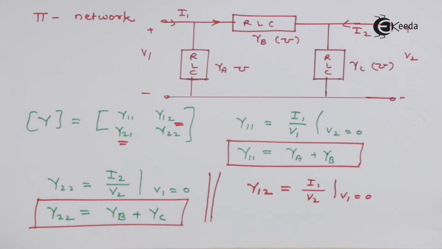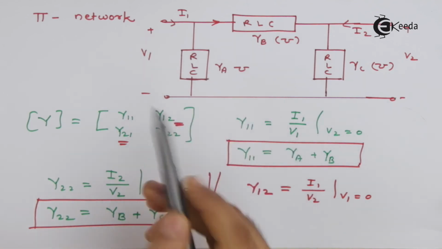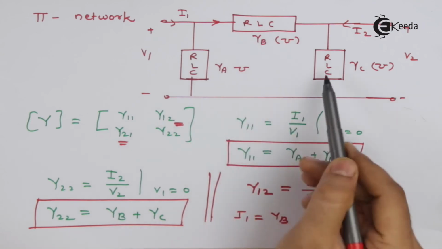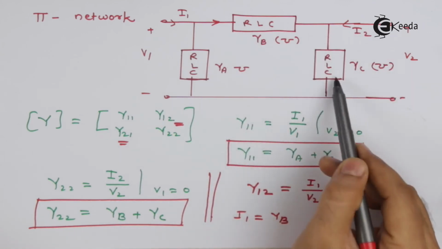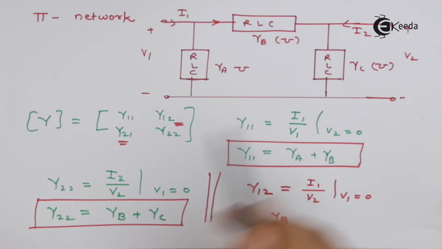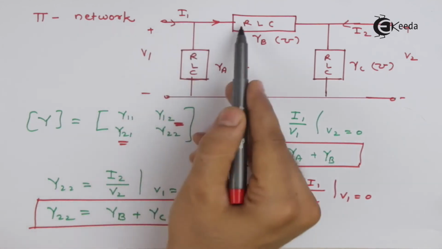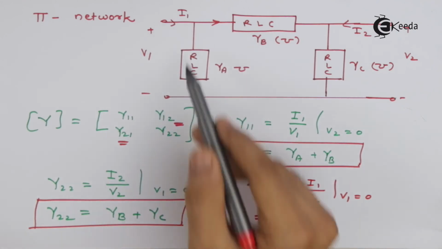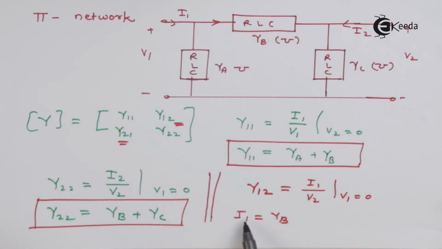Now I equals Y into V. This current I1 is equal to YB, because this is the admittance which is in the picture; the voltage across them is the same, because YB and YC are in shunt and this is redundant. Current entering is I1, V1 is 0, so I1 will be YB times V2, as current is Y into V.